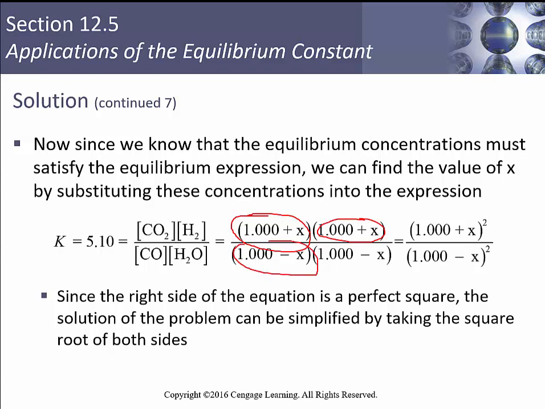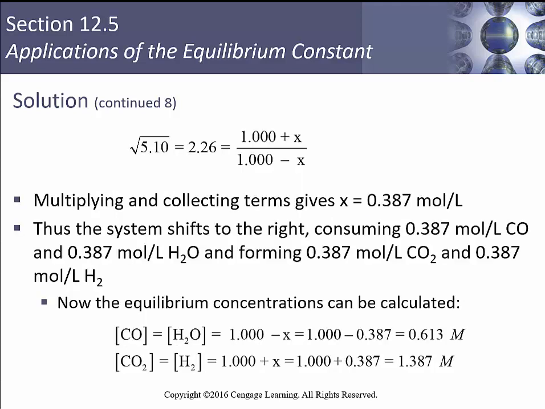Since the right side of the equation is a perfect square, the solution of the problem can be simplified by taking the square root of both sides. So we get the square root of 5.10, which is 2.26, equal to 1 plus x over 1 minus x. Multiplying and collecting the terms gives x is equal to 0.387 moles per liter.